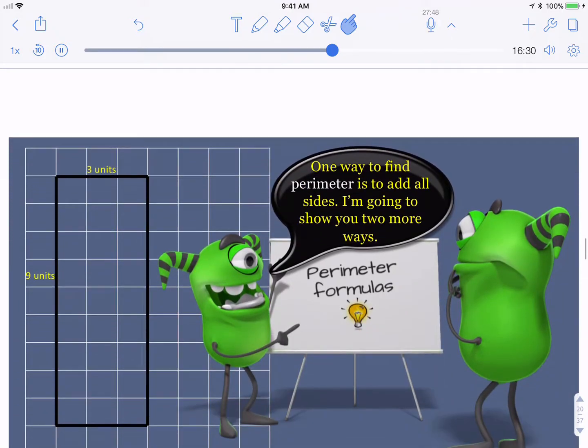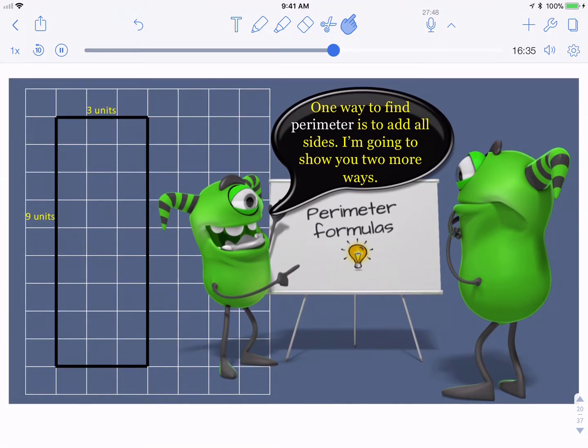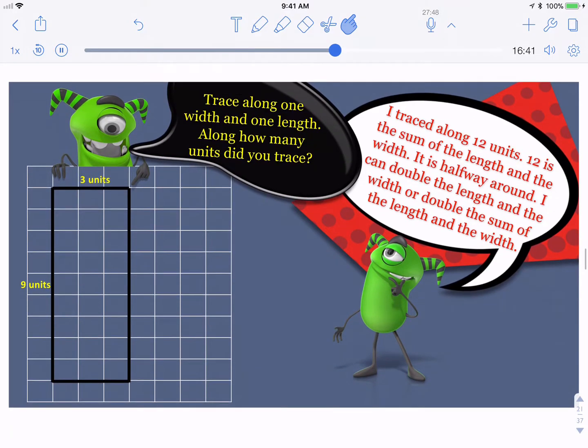One way to find the perimeter is to add all sides. I'm going to show you 2 more ways. Trace along the length, then trace along one width and one length. Along how many units did you trace? So if I start at the bottom and I go up the side, you'll notice that I just traced 9.